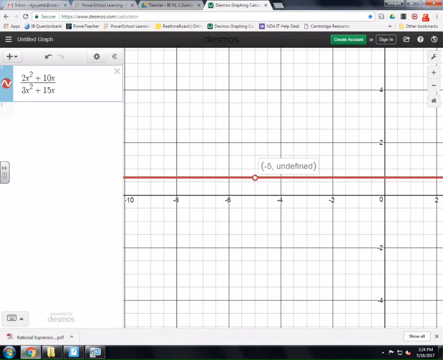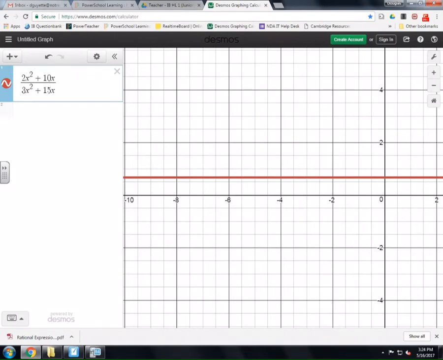There's an open circle at -5, and it says that the expression is undefined, because when x is equal to -5, the denominator ends up being 0, and you cannot divide by 0. So even though every single y value is 2/3, -5 is excluded because you couldn't use -5 in the original expression. The other exclusion you will find over here at 0.